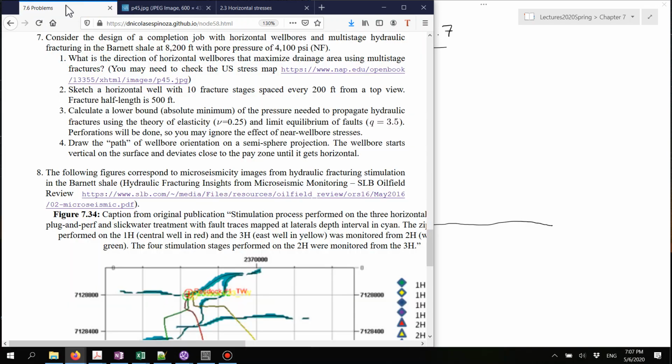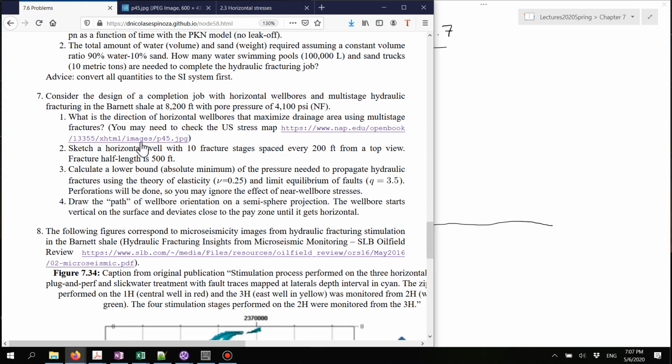Once you know the direction of SH min, you should be able to tell me in which direction you're going to drill your wellbore. In the direction of SH min, in the direction of SH max, or something in between. That's what is discussed in the notes before. But in order to maximize the drainage area, there's going to be just one solution.